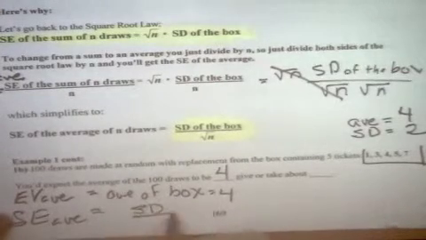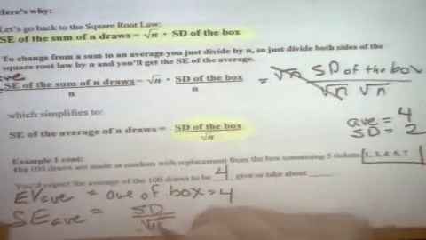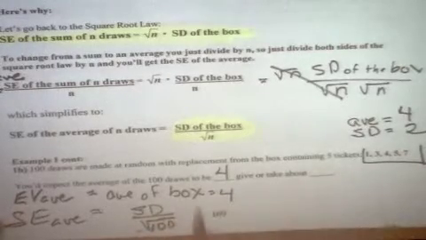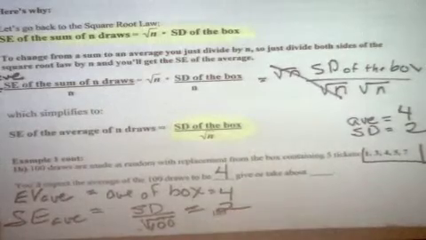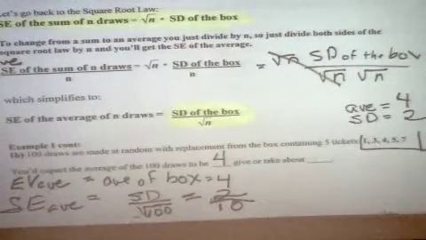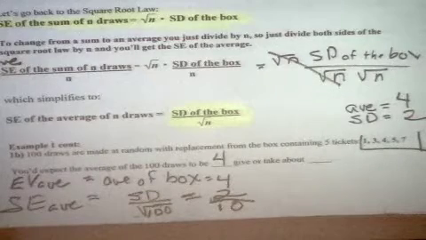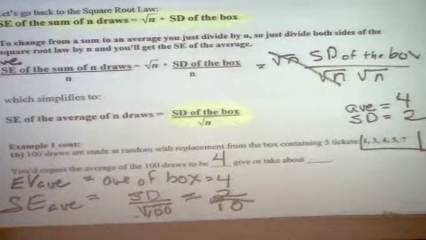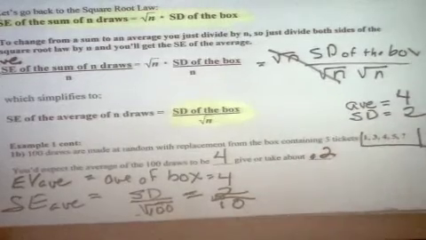Divide by the square root of n. So I'm going to divide by 10. So I have 2 as my standard deviation, and I'm dividing by 10. If I multiplied by 10, I'd get 20, which would be insane. So that is equal to 0.2.